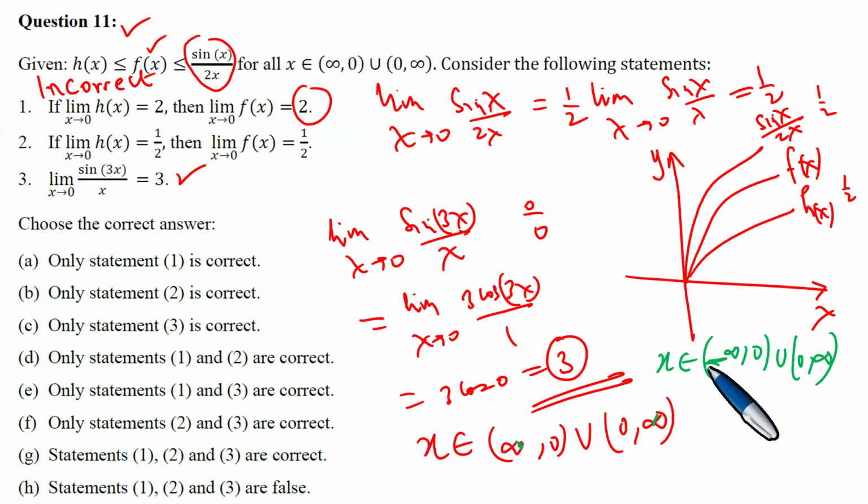It must start from minus infinity, so x must be approached either from the left or from the right, either way. Assuming therefore that this should be minus infinity to 0, x is an element of the interval union 0 to infinity.